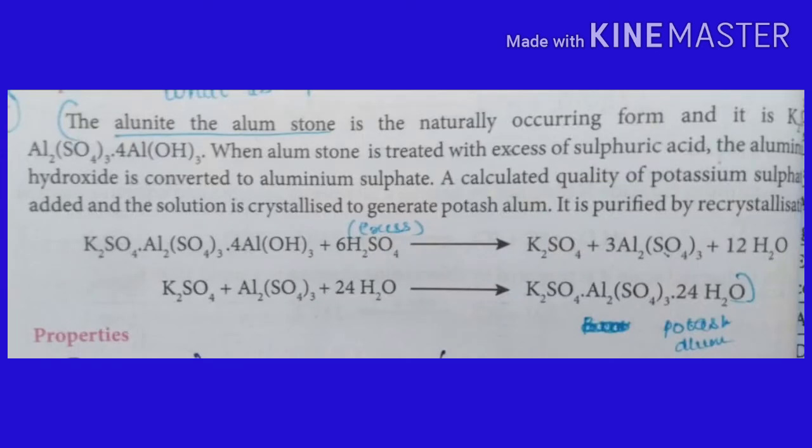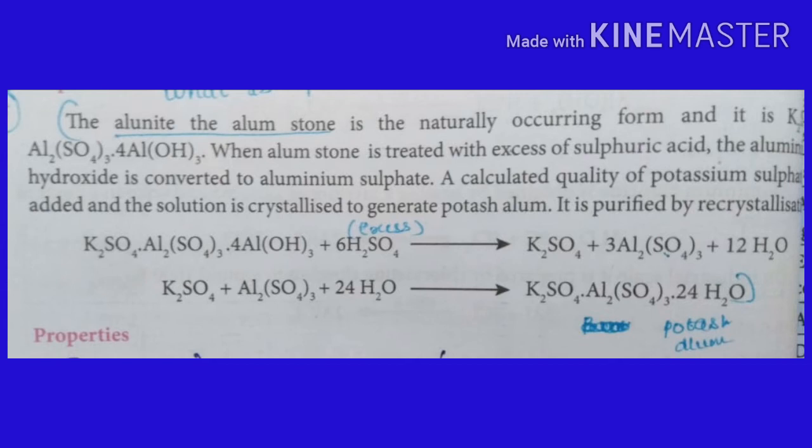Next one is the preparation of potash alum. Already you know the formula of potash alum. It is prepared by using alum stone. The formula of alum stone is K2SO4.Al2(SO4)3.4Al(OH)3. It is treated with excess of sulfuric acid. You get potassium sulfate and aluminum sulfate.